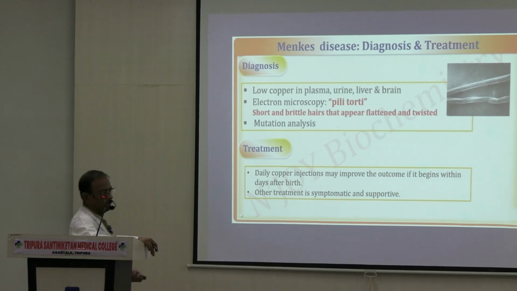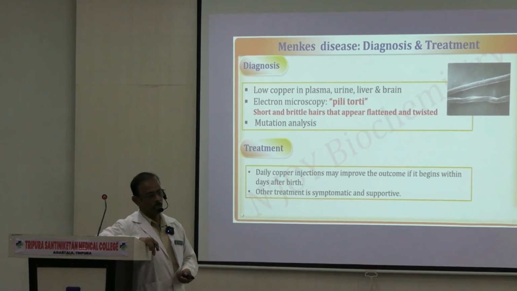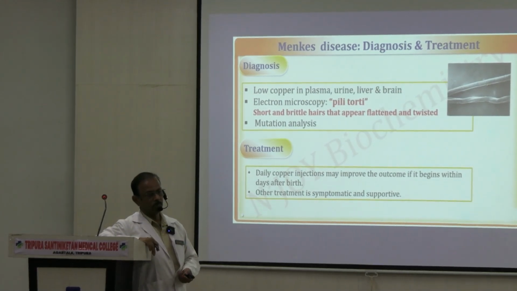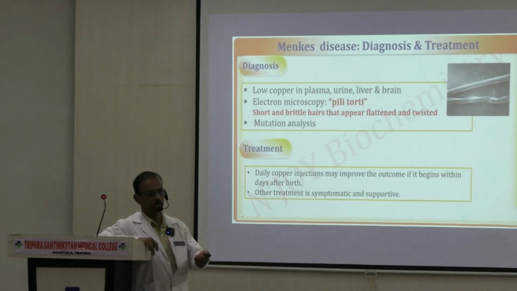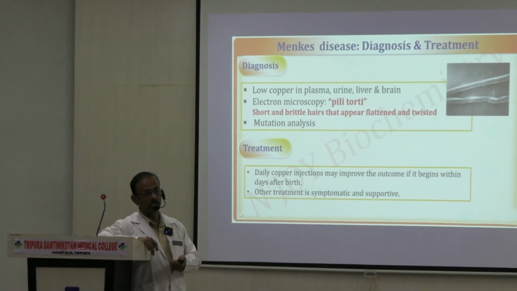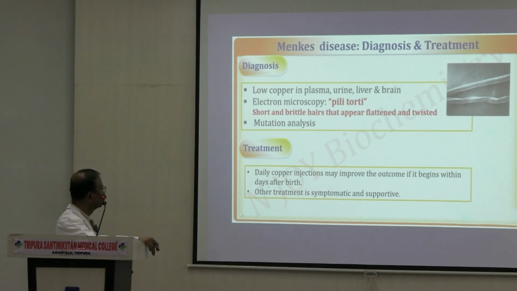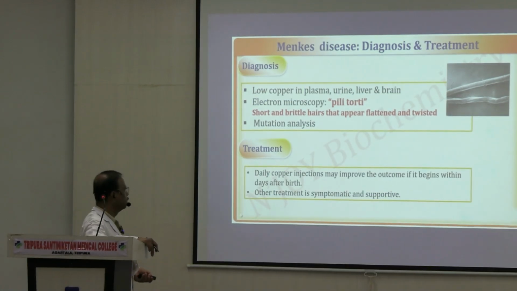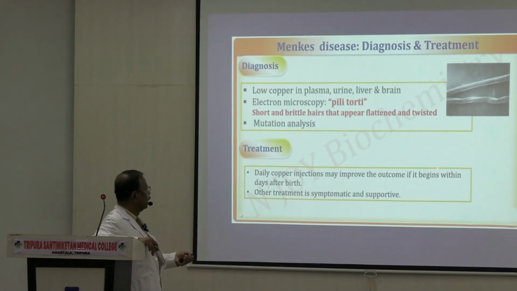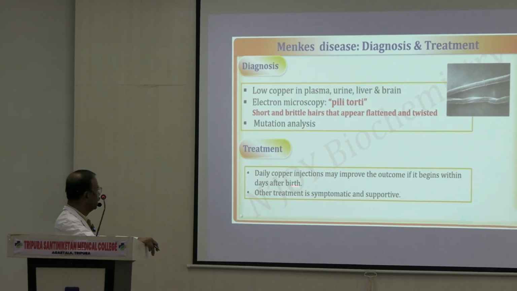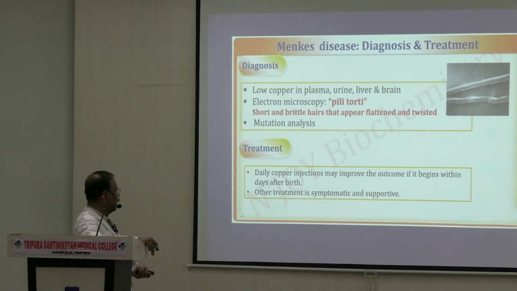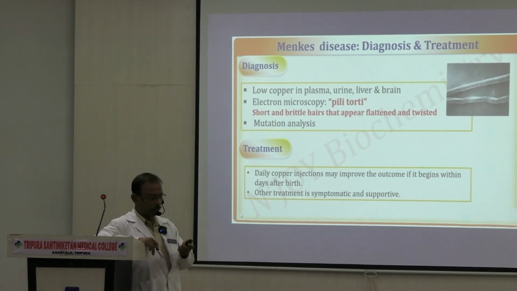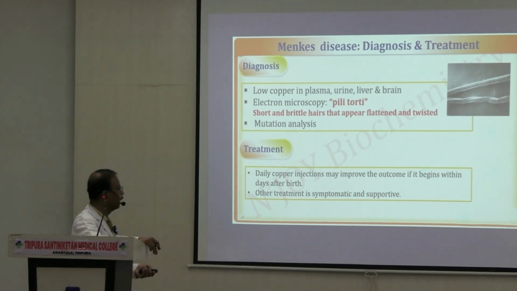As copper is not absorbed in the system, we have to give injection, but that has to be started early in life, within a few days of birth. Daily copper injection may improve the outcome if it begins within days after birth. Other treatments are symptomatic, according to whatever problem is there.